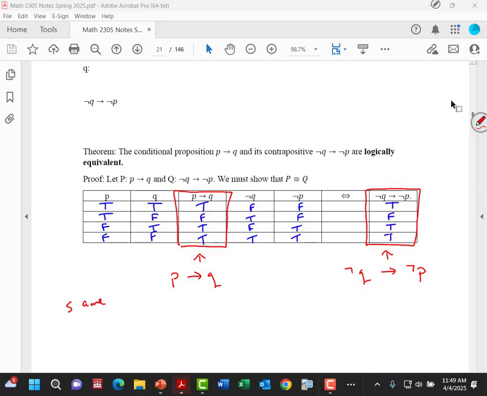True, false, true, true, true, false, true, true. These are the same for all P and Q. So P implies Q is logically equivalent to not Q implies not P.